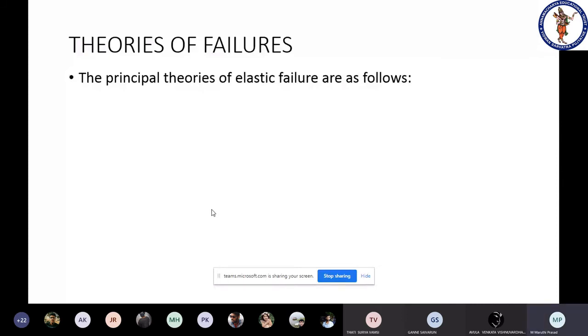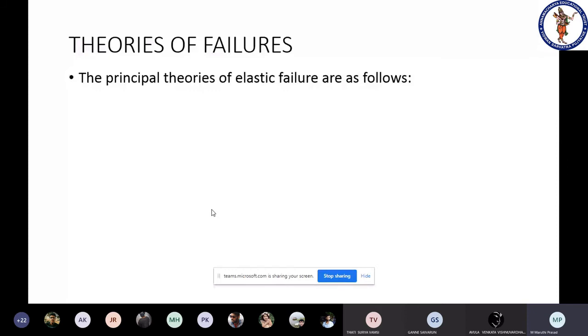I have already discussed what failure is and why we need to know about it. Always we must know about failure, because if you overcome the failure, certainly your component will have a long life. If you know how the component failed, then by overcoming that failure you are going to produce a sound component.